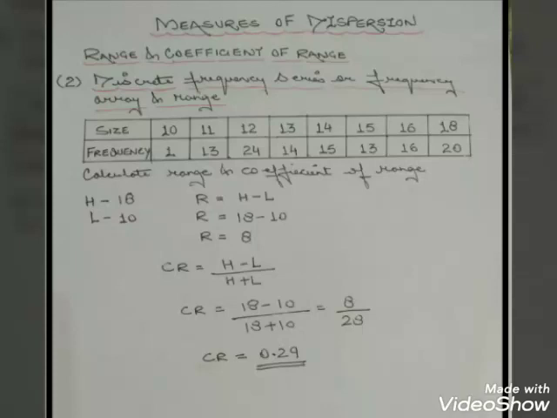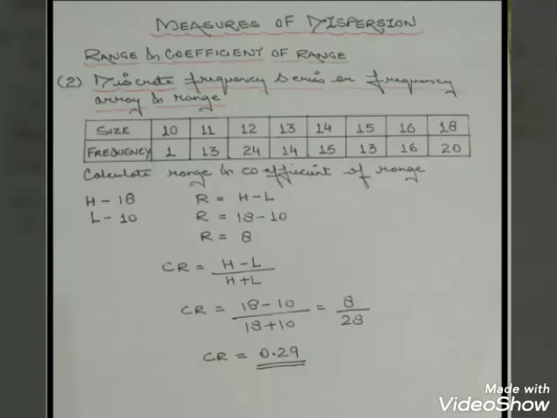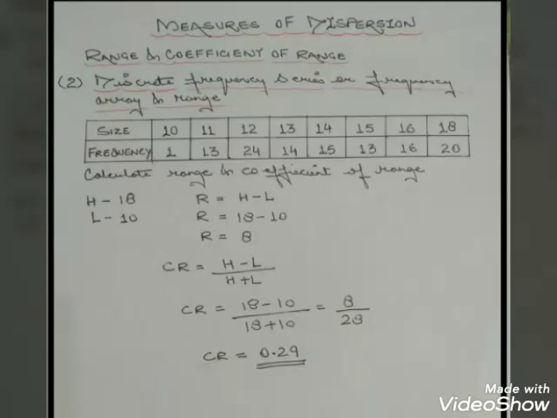Now here you have to remember one thing: in discrete series, while we determine the range and coefficient of range, we are going to determine both by taking the difference between the highest and the lowest value of the series. That means we are going to take the highest and lowest value from this series. Frequency of the series will not be taken into account.